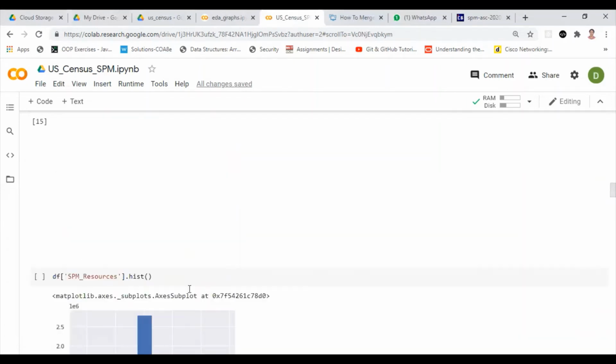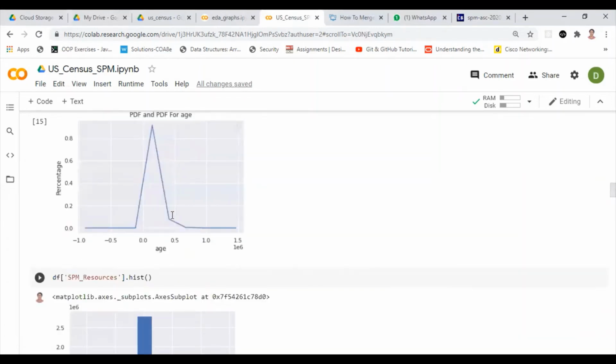Again, when it comes to the age column, we can see that there's a sharp spike, which is not the characteristic of normal distribution.